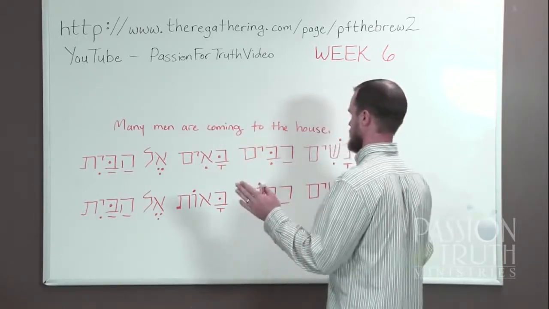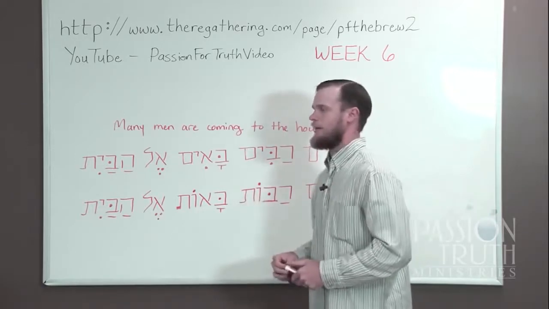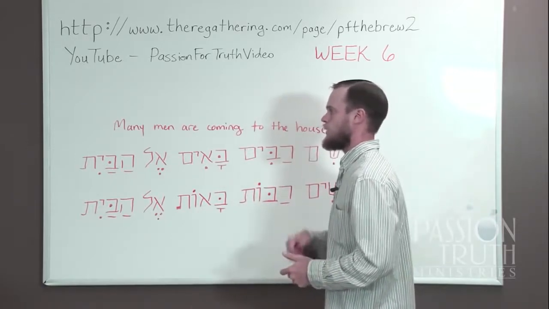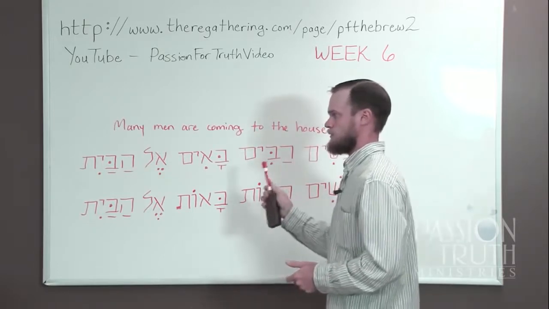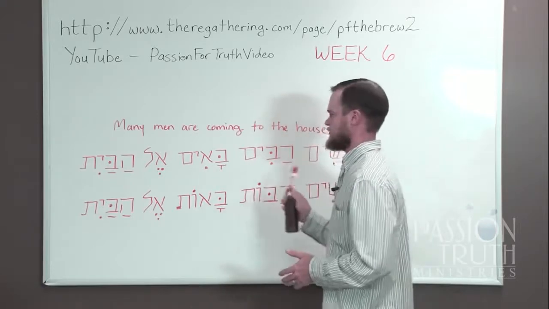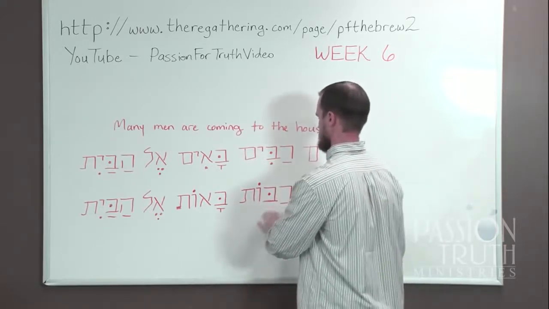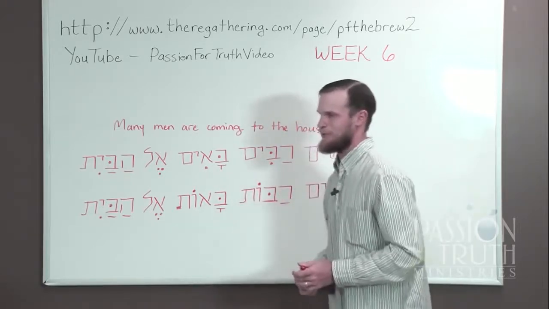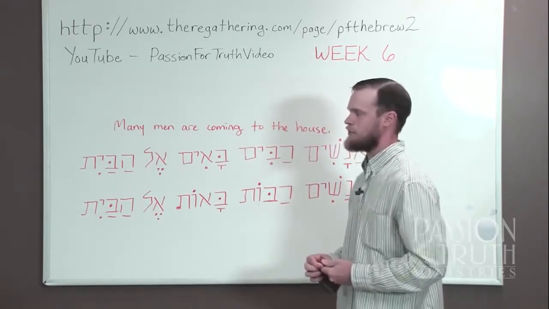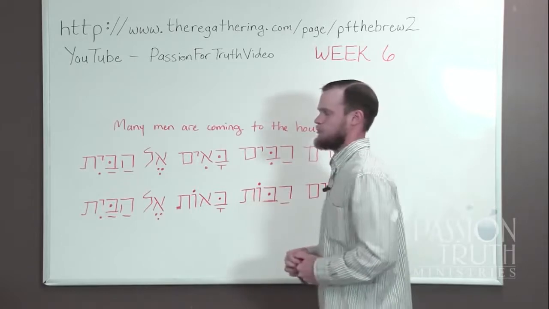But yes, this is a grammatically correct phrase. I would probably insert one other thing in this, but we'll cover that at another time. There's one other thing I would put in just to be totally technically accurate, but this would be understood.